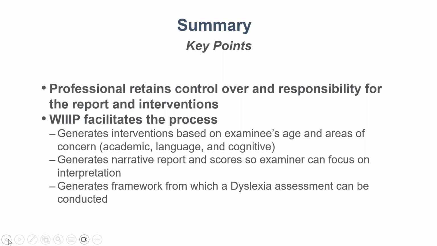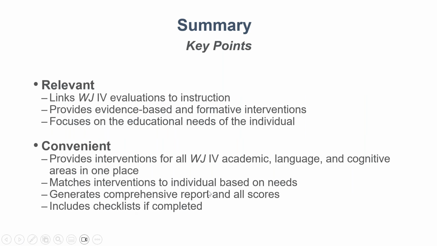So again, you would want to take it to the next level and actually go deeper into analyzing students' performance, looking at task demands, etc., and incorporating that into your report. But this lays out and links the WJ evaluations to instruction, to evidence-based or formative interventions. Also has accommodation recommendations as well. Again, it's convenient.